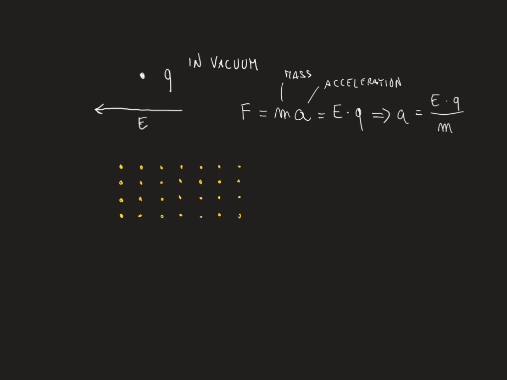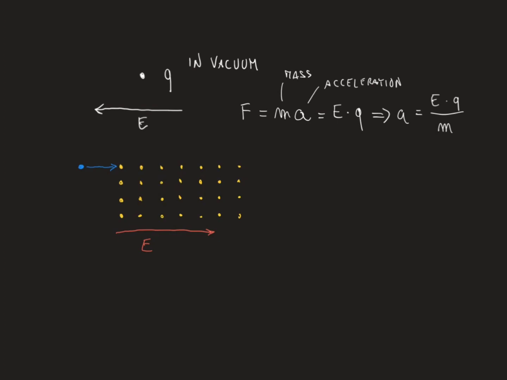So, under the effects of a field applied to the metal wire, a charge will start accelerating and will abruptly stop when it collides with one atom in the lattice.